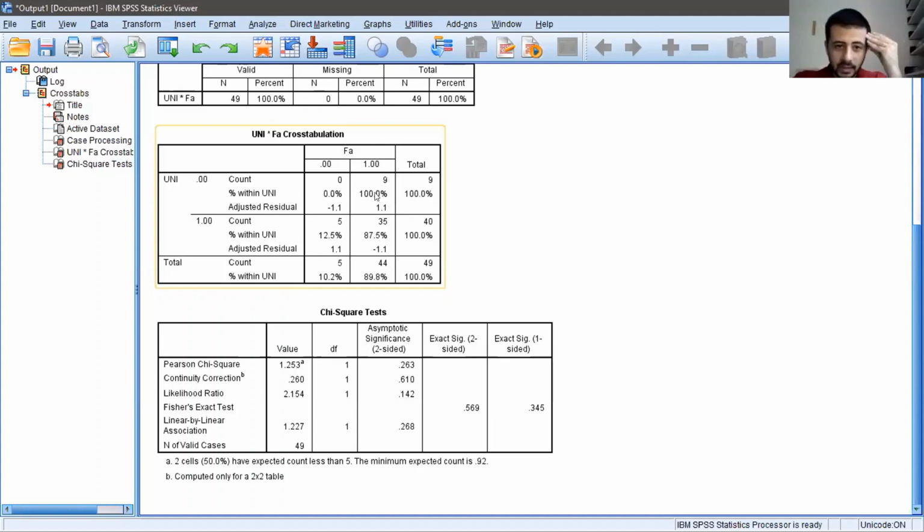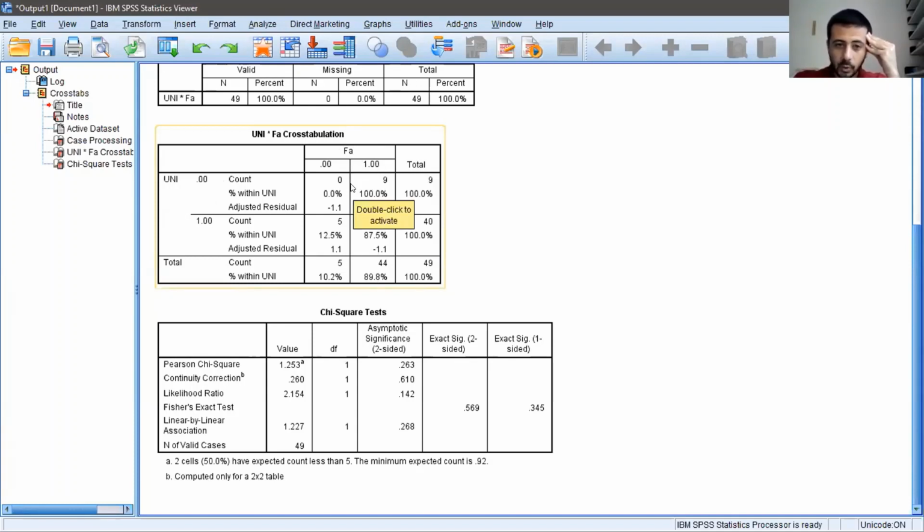But I can see here that when the faculty is positive, the university is positive in 87%. But when the university is negative, the faculty is positive in 100%.